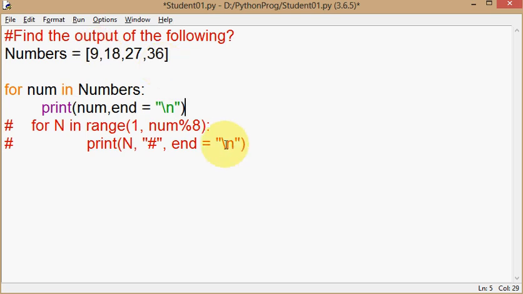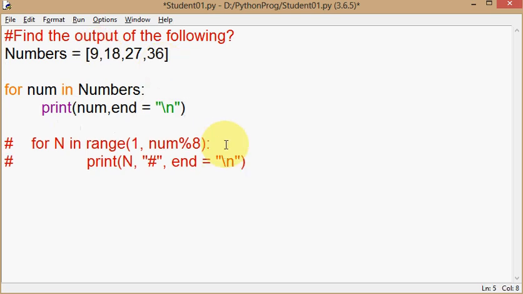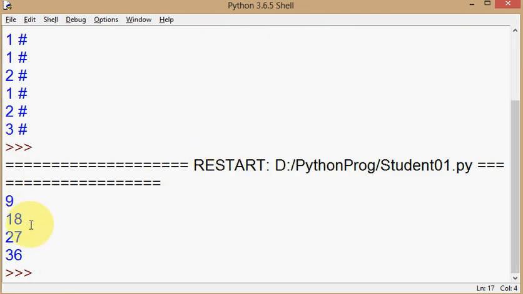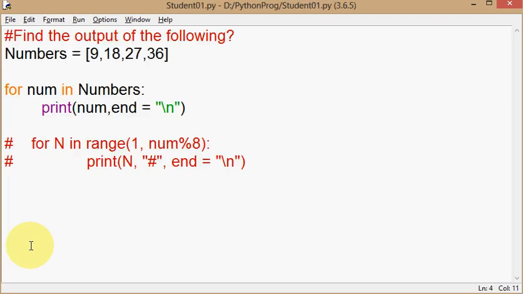When I execute this code, it will print the value of num. So I am going to execute. We can check. You can see 9, 18, 27 and 36. So the loop will be executed 4 times, and the values will be 9, 18, 27 and 36. So now we know what the values will be.